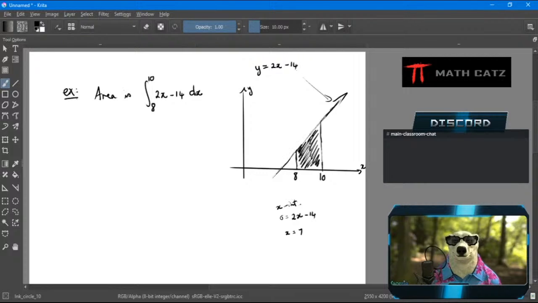Now, because this is a basic geometric shape, a trapezoid, I can calculate this area and confirm what we get.